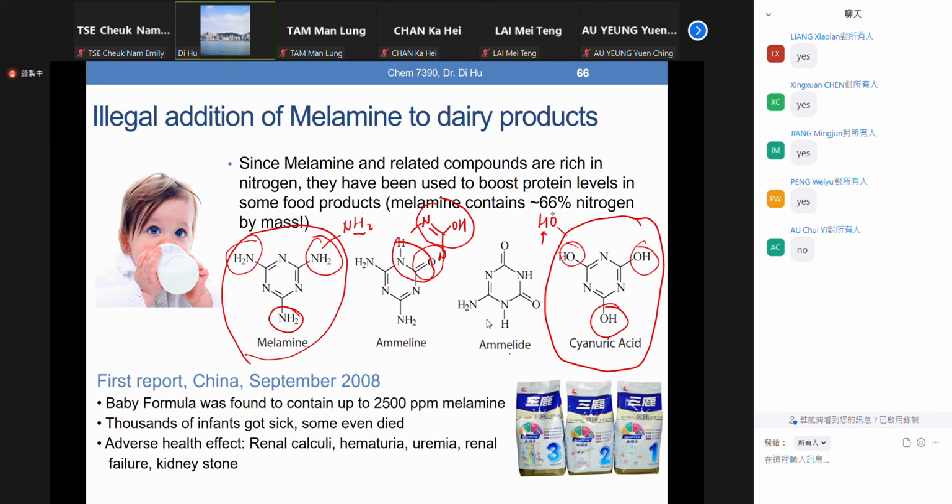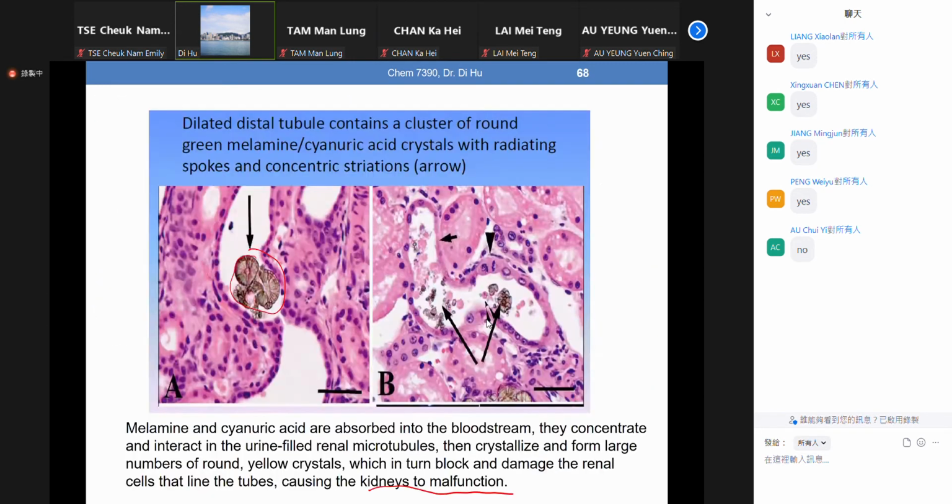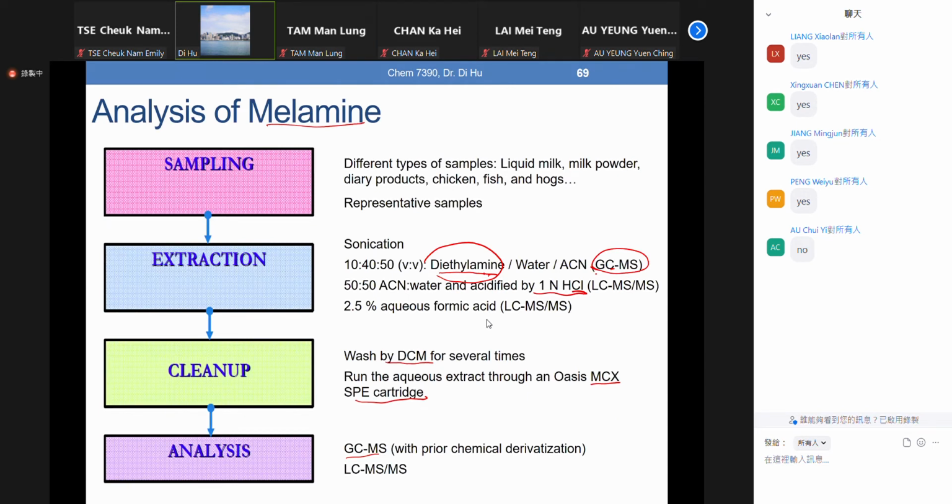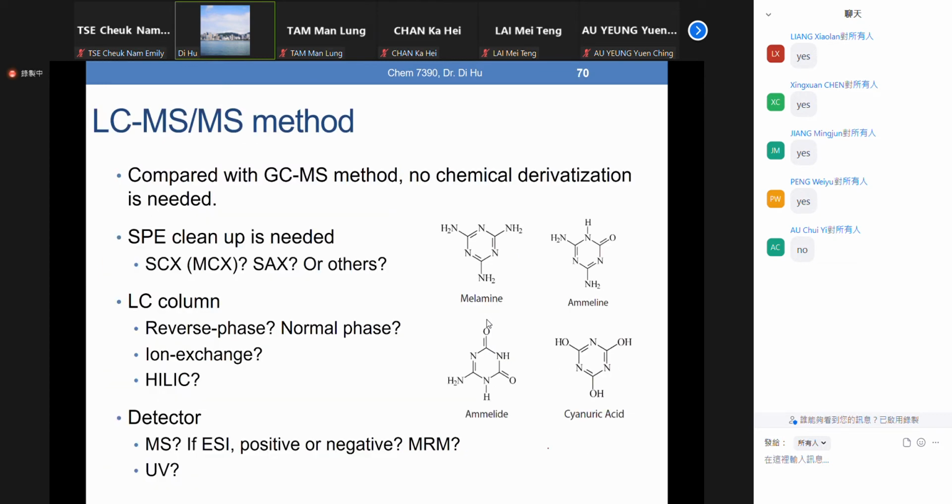So if we really want to analyze them by GCMS, you have to replace the active hydrogen with a less polar functional group. So we do chemical derivatization to convert it, to deactivate it, and then it can be analyzed by GCMS. That means if you do use GCMS, you have to have prior chemical derivatization. That'll be an extra step. However, if we do LCMS, there's no need for chemical derivatization.